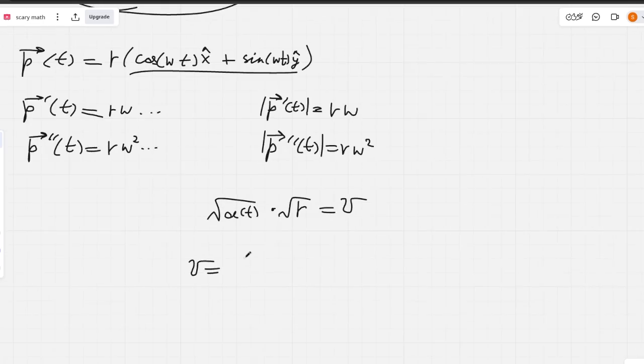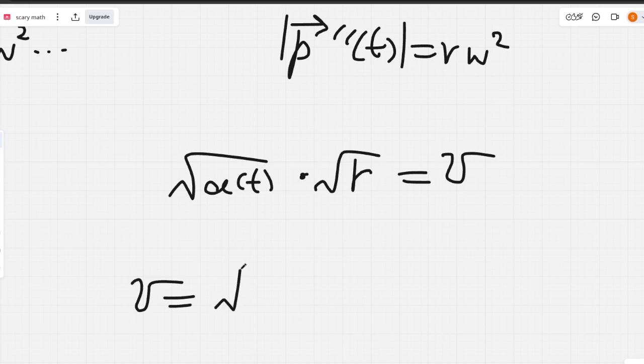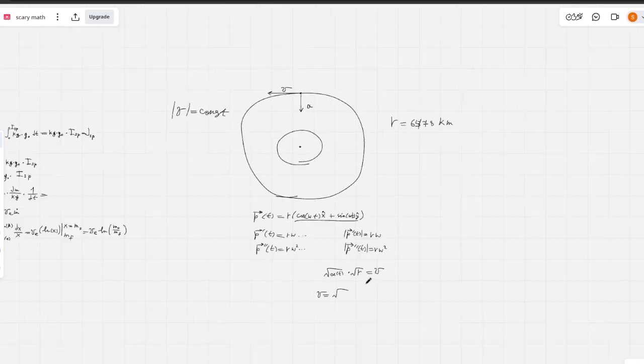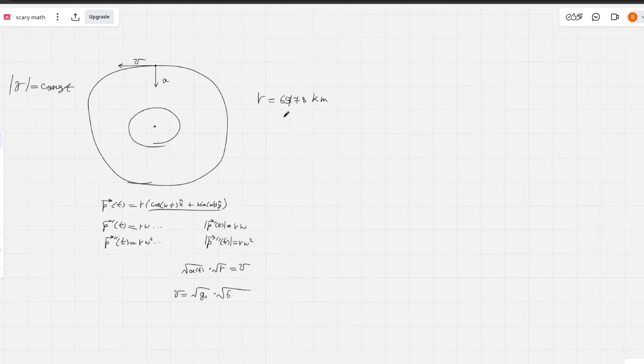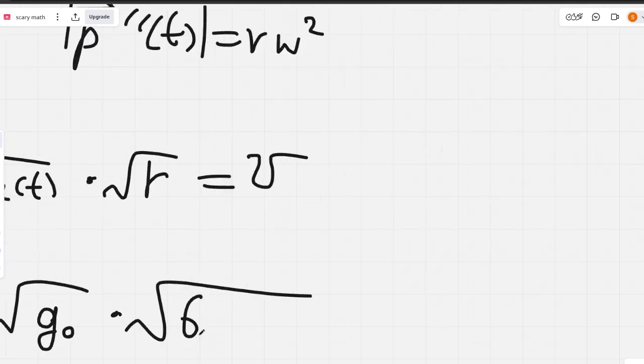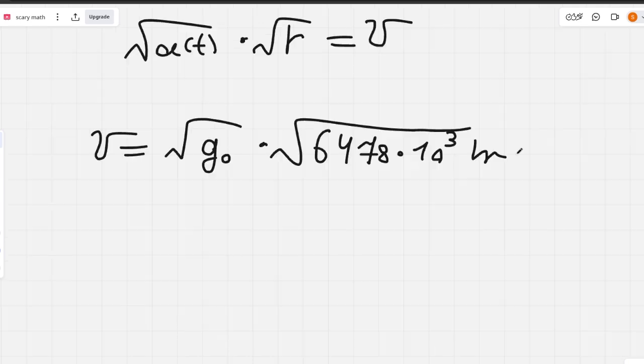So V is going to be the square root of a of t, which is going to be just g0 times the square root of 6,478 times 10 to the third power meters.